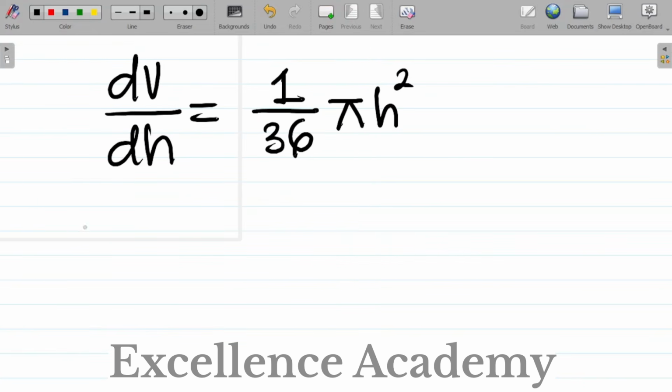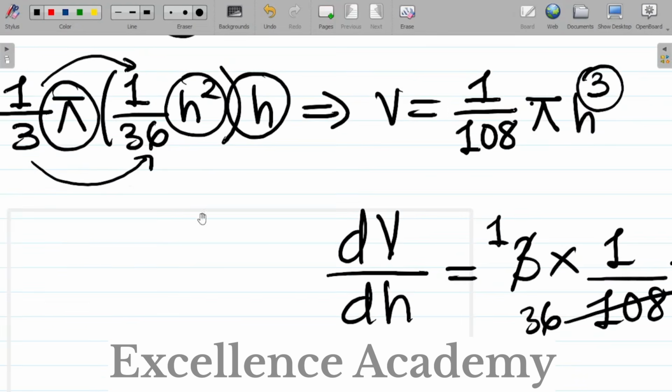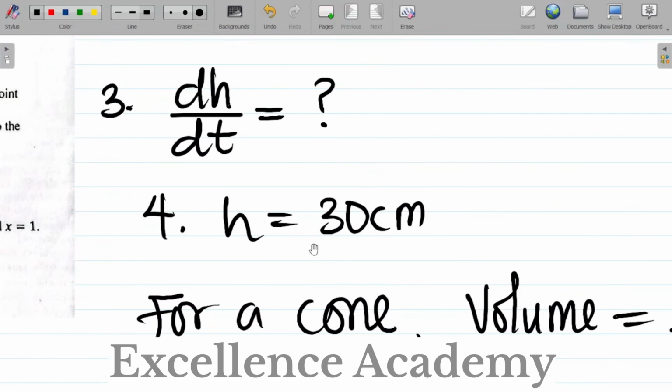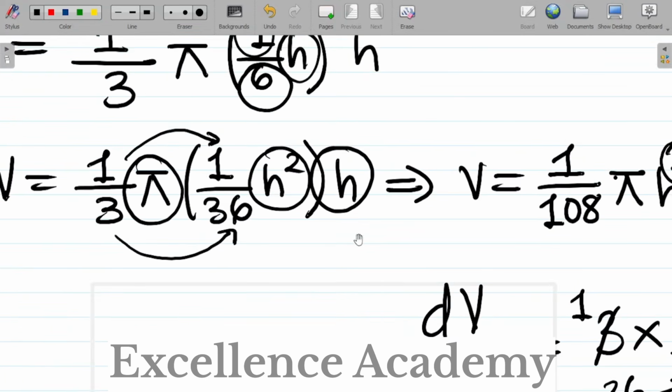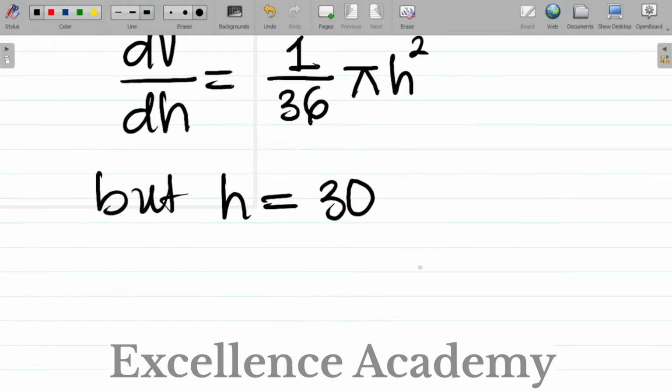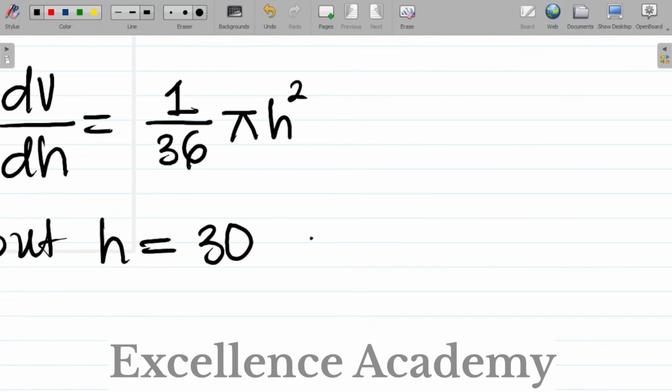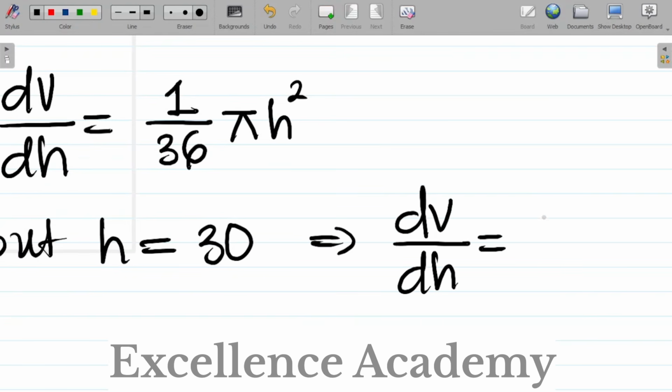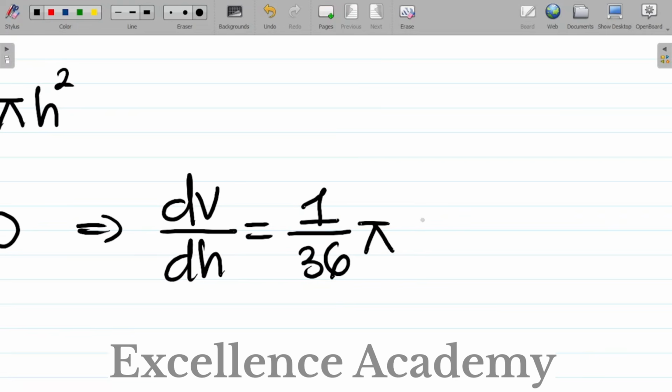Let's get the value of h. They said when the height is what exactly? Let's check. They said when h is 30 cm. So when h is equal to 30 cm, let's get the value of dv/dh. We'll have dv/dh equal to 1 over 36 into pi into h squared. H is 30, that becomes 30 all squared.